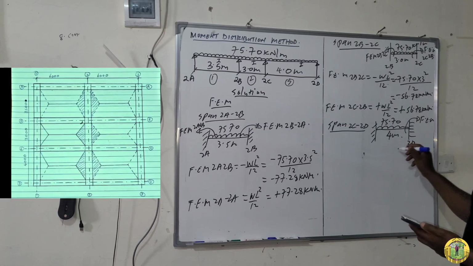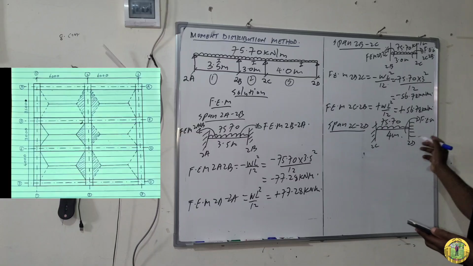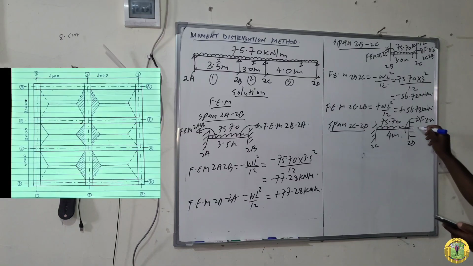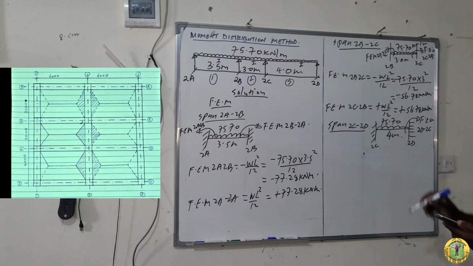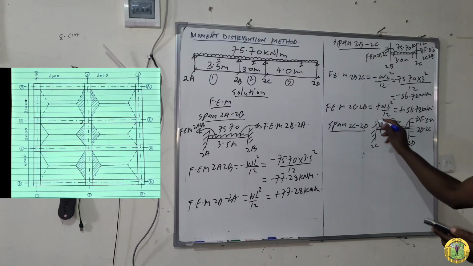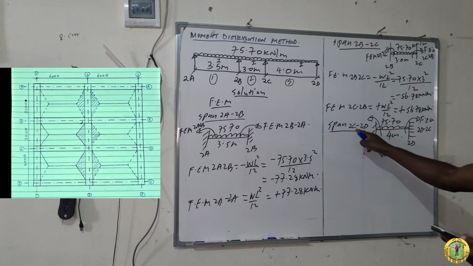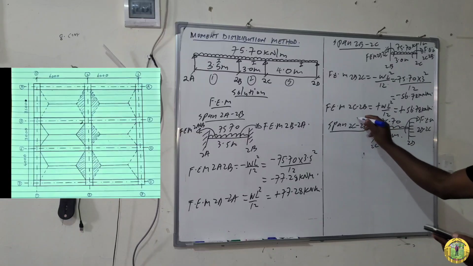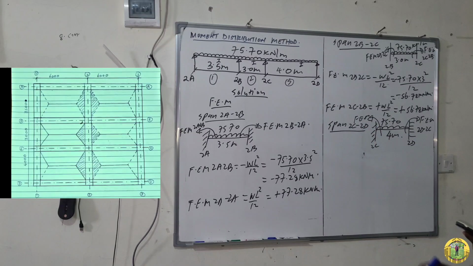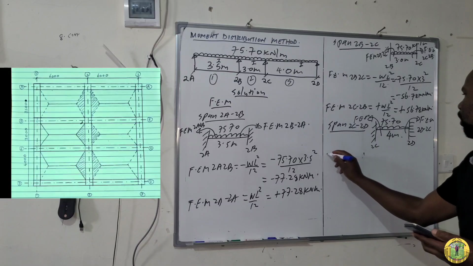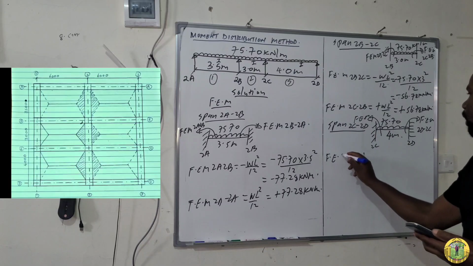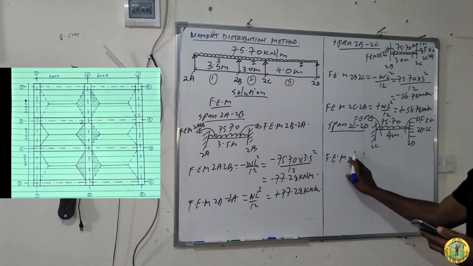This is 2D, this is 2C. Fixed end moment 2D, 2C. Again, we have fixed end moment here, which is 2C, 2D.